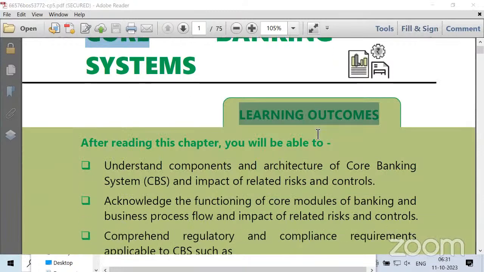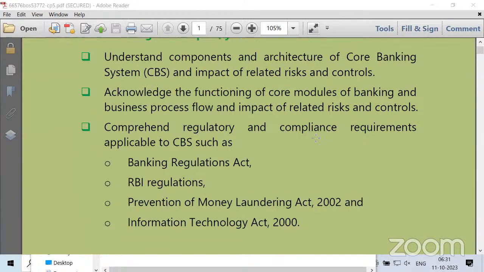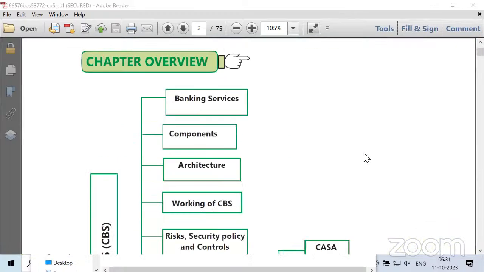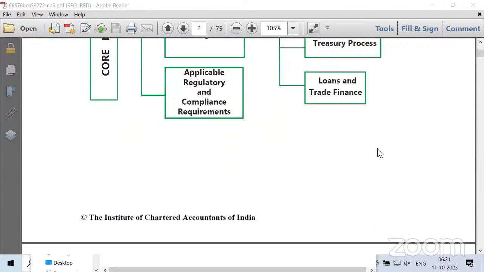So chapter number 5 is core banking solutions. In core banking solutions, there are various items. We will see the important items only.